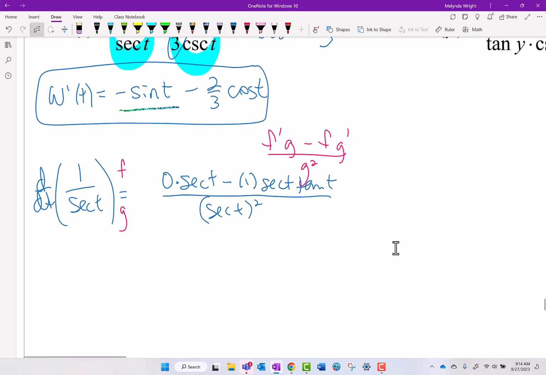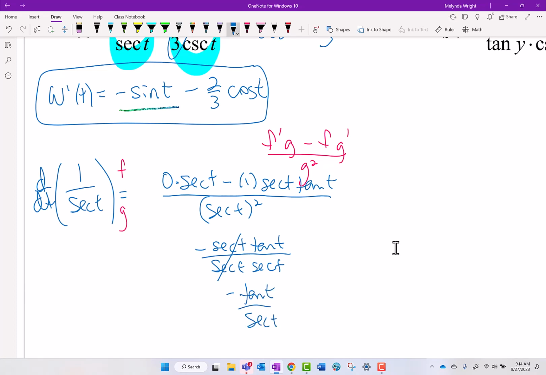Okay, so now we need to clean that up. So 0 times secant is 0. So I have negative secant t tangent t over, and I'm going to write this out as secant t times secant t because it's secant squared. Cross that off. I have negative tangent t over secant t.